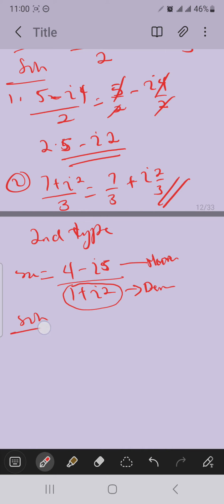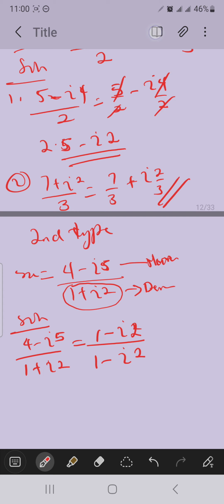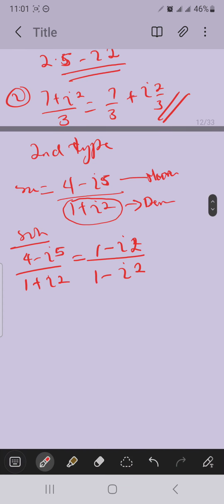So now the solution. We have (4 minus i5) over (1 plus i2), which equals that times (1 minus i2) over (1 minus i2).